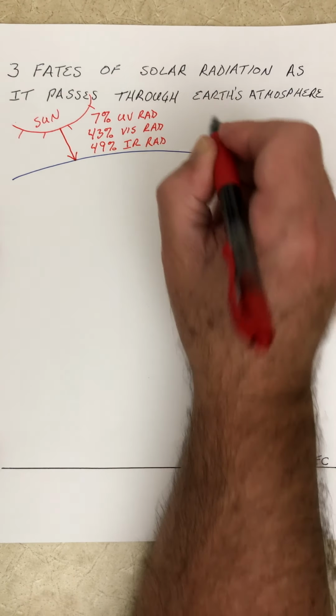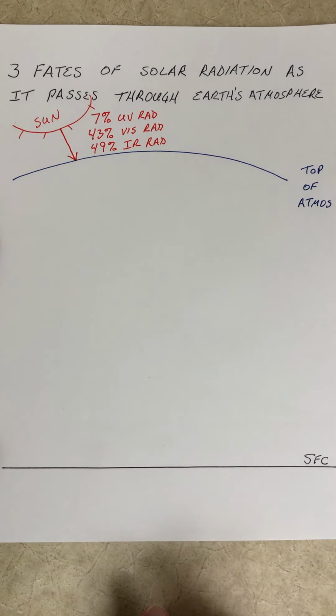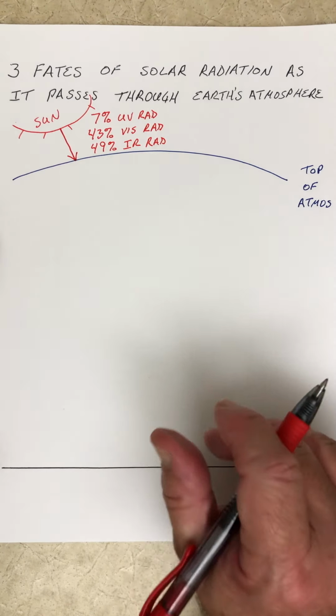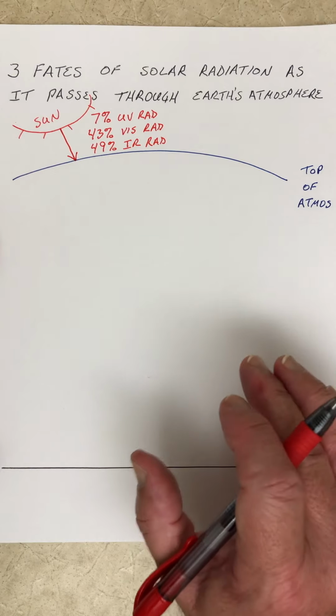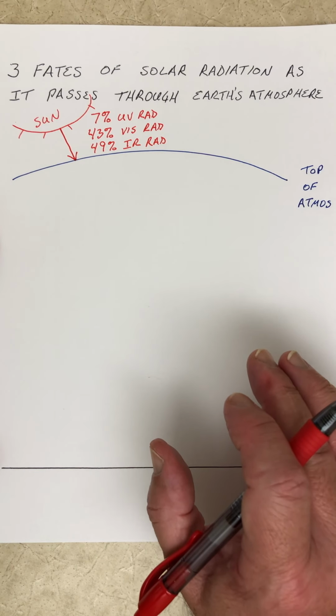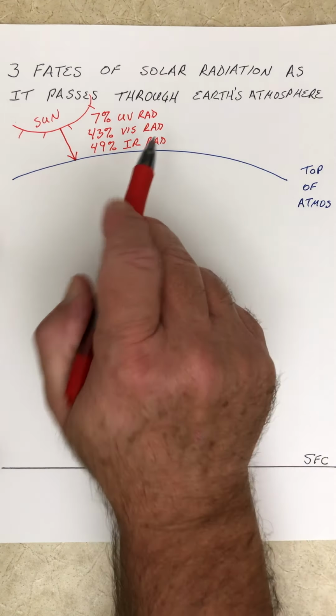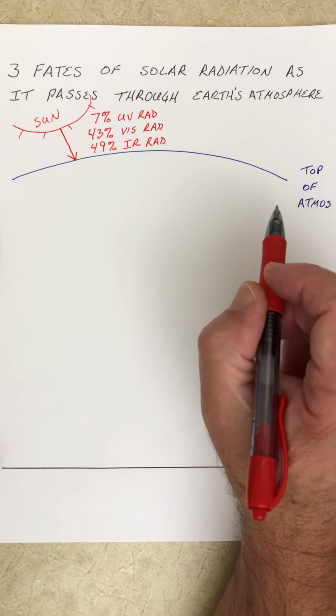All the others, gamma rays, X-rays, microwaves, and radio waves make up about 1%. And again, we're not going to worry about that 1% in this class. We're going to focus on these three forms of radiation.